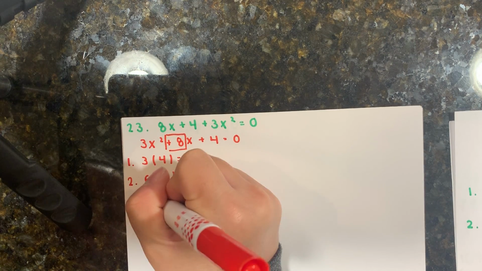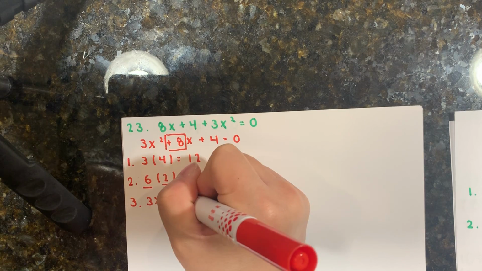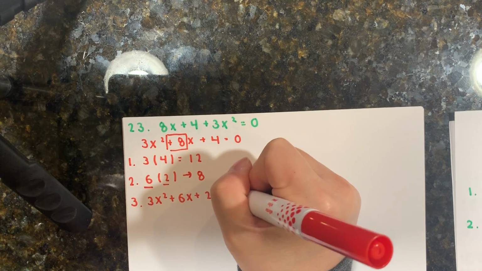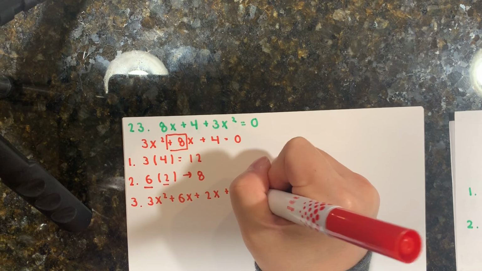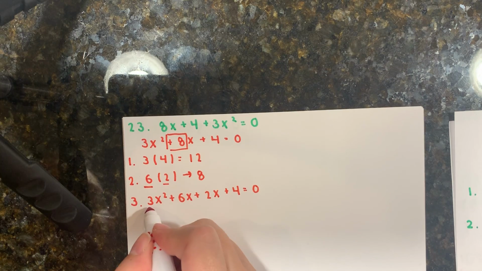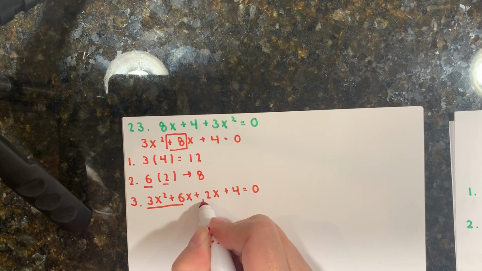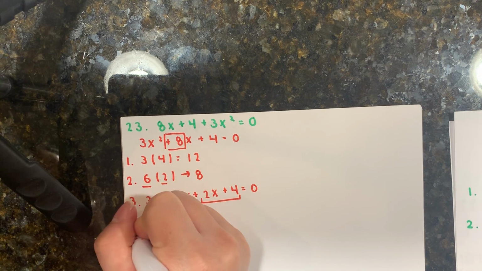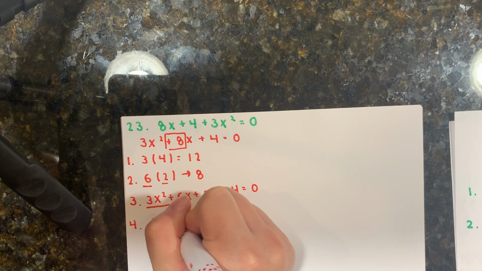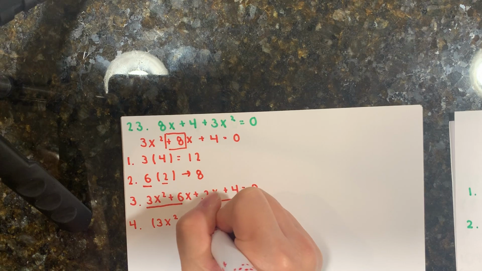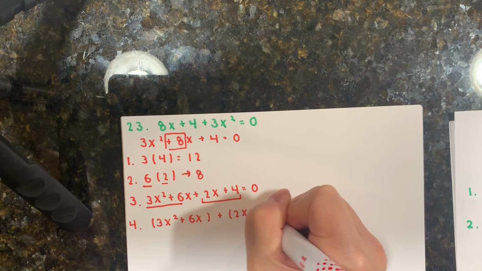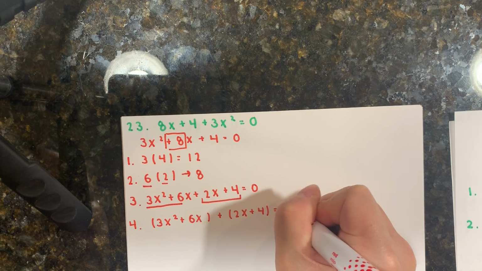So that becomes 3x squared plus 6x plus 2x plus 4 equals 0. Now you're going to separate these into 2 separate parentheses. This will be your first, this will be your second. So 3x squared plus 6x, plus 2x plus 4 equals 0.